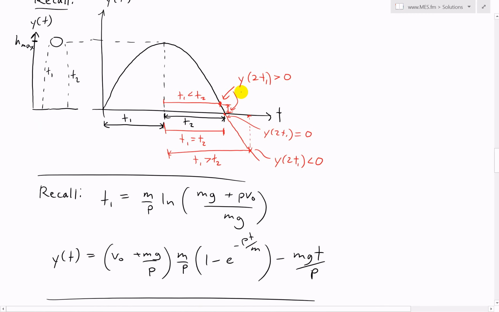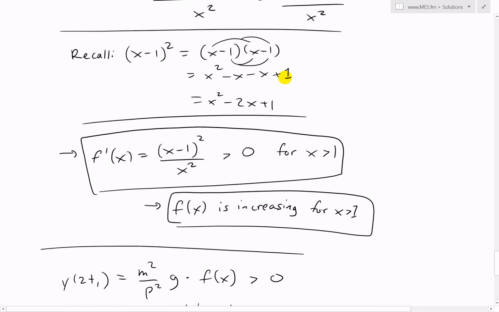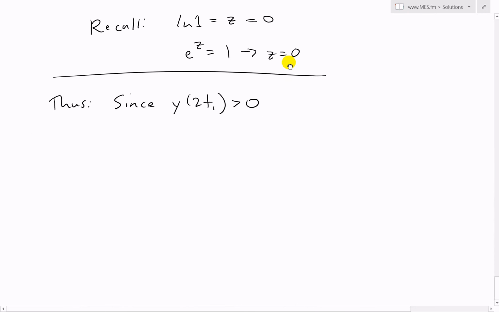In other words, it's here. So t1 has to be less than t2 because it's positive. So the ball's still in the air. Since y of 2t1 is greater than 0, then t1 has to be less than t2.